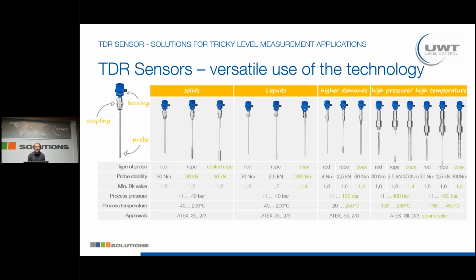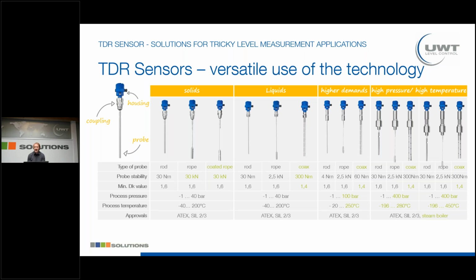They differ in some features, which I noted here in green. So for solid applications, we have a coated rope, and they are built more robust, so that they can withstand all the forces which are working on the probe.